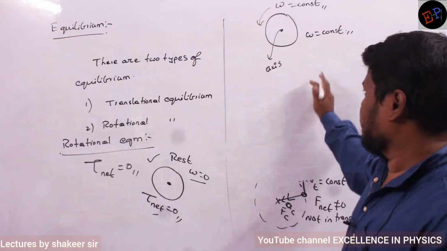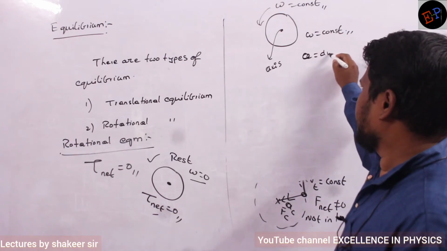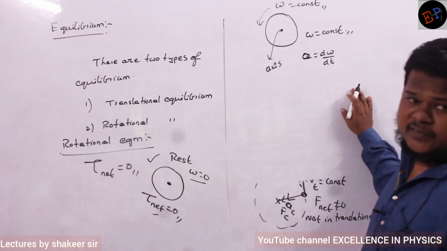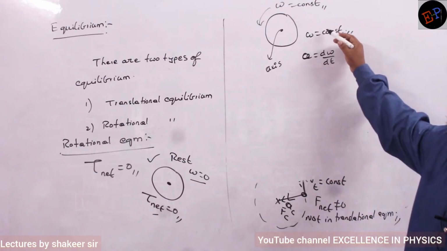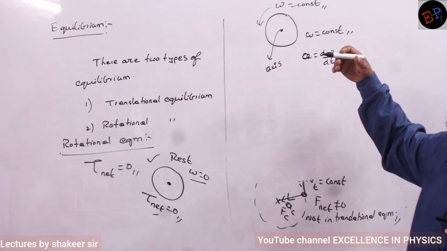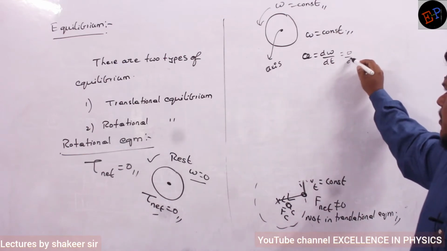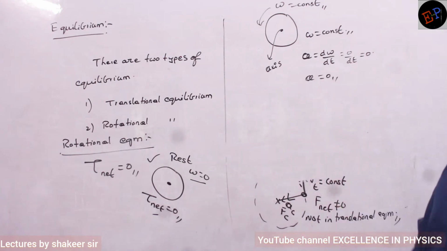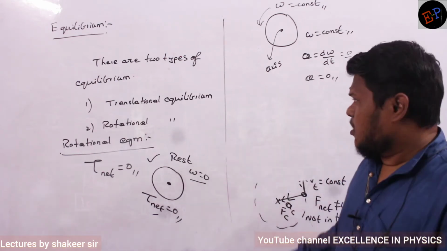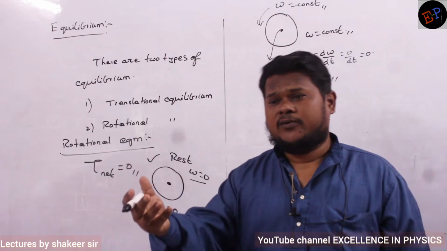Angular acceleration is zero because alpha is d omega divided by dt. Change in omega, is it present? No, because omega is not changing. So 0 divided by dt will be 0. So alpha value is 0.